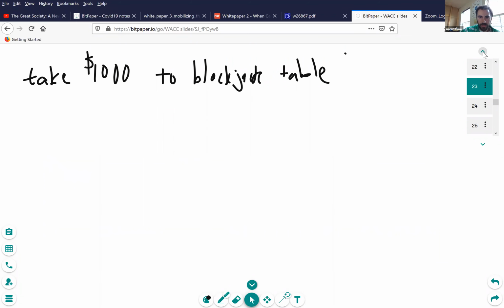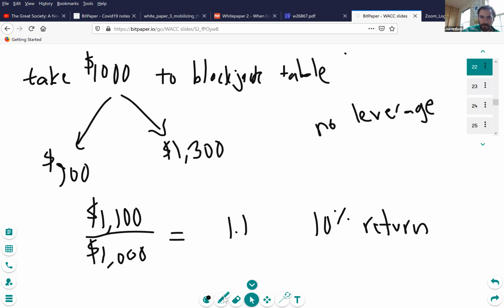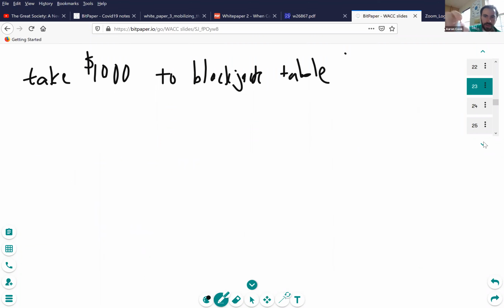In the first case, we have no leverage, and we have some variance in returns, but we have some expected return. Let's say we take $1,000 now, but we're going to borrow 500. So 500 of this is our own money, and 500 of this is borrowed money. We're going to borrow at, let's say, a 5% rate.